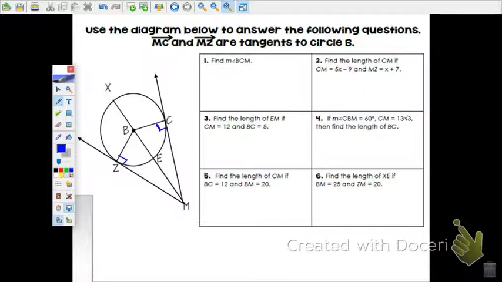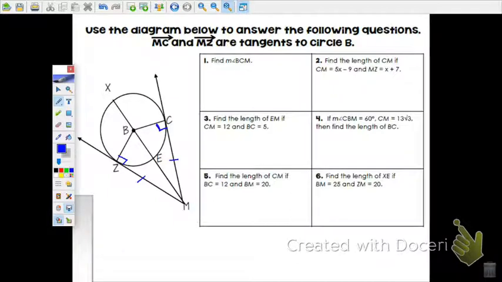Looking at my theorem, the second theorem, what do I know to be true? What can I mark in my diagram? Okay. CM and ZM are congruent. So before I even look at anything else, I'm going to mark that in my picture because that's going to be true always because I have those two tangents.